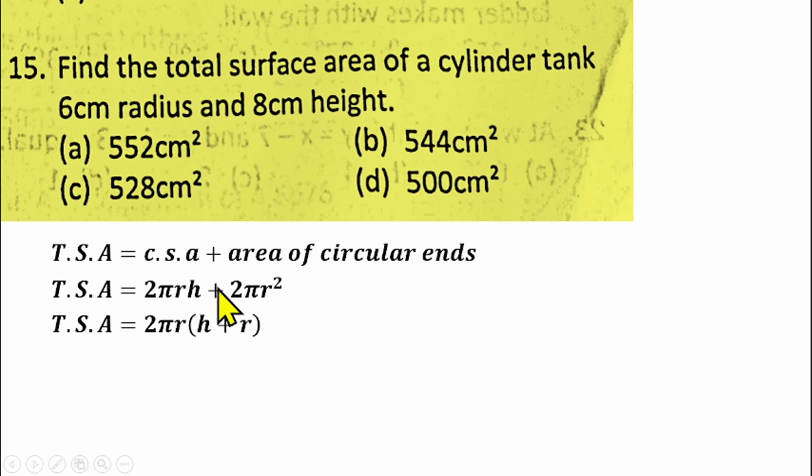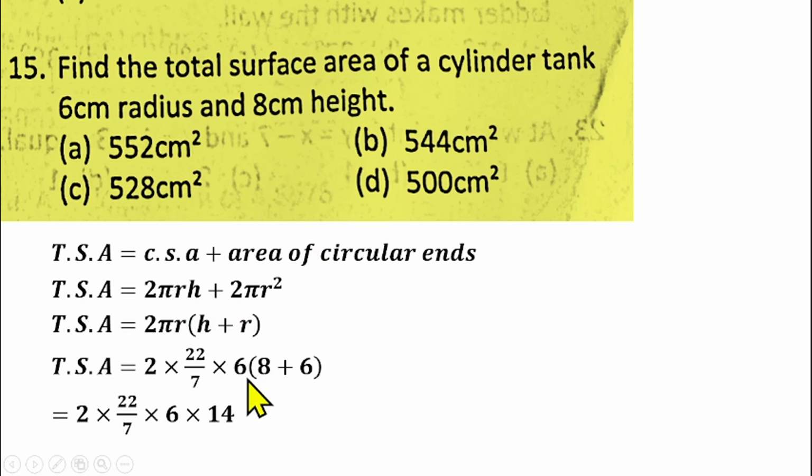Something is common, which is 2 pi r, so we can factorize. So we have 2 pi r into h plus r. Now you can substitute our r and h there. That will give us 2 times pi, which is 22/7 by default, times the radius, which is 6, into height plus radius, which if you simplify, what can we do?